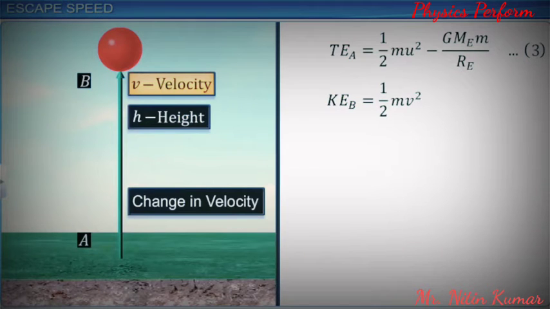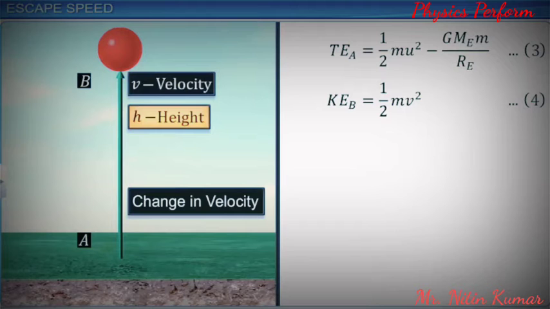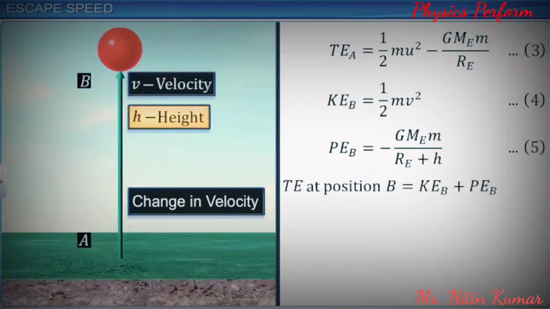The potential energy of the Earth-body system when the body is at height h is denoted by the equation PEB is equal to minus GMEM divided by RE plus h. Let this be equation 5. Thus, the total energy of the body at position B is expressed as the sum of equations 4 and 5. Let this expression be equation 6.